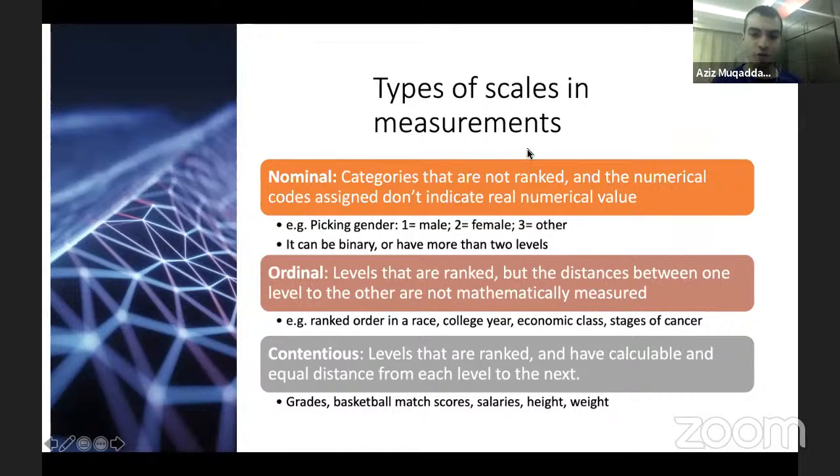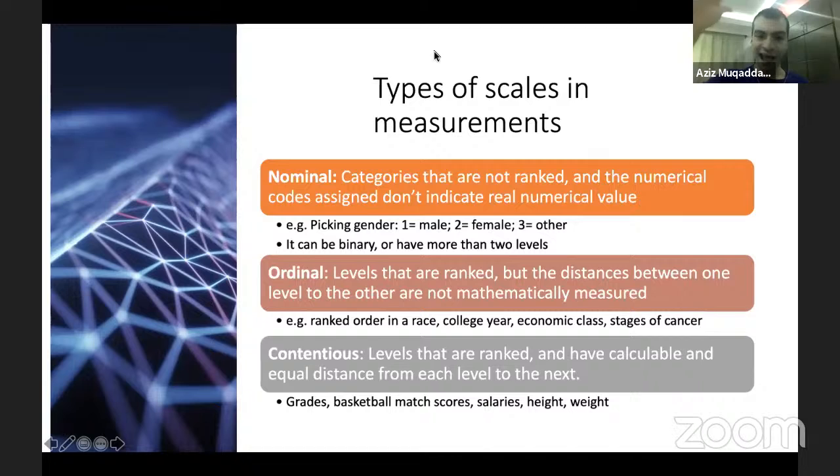So nominal scales, in name only, could be binary or multiple, but there are no real mathematical values to the numbers. On the other hand, with ordinal there are levels that are in order, hence ordinal.